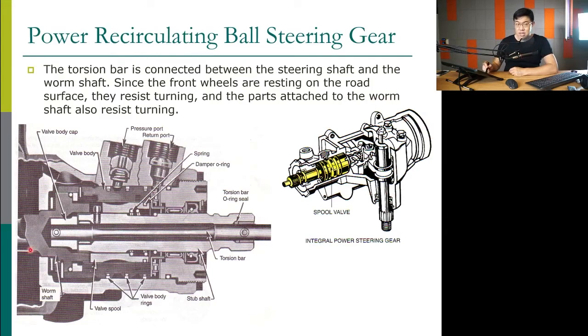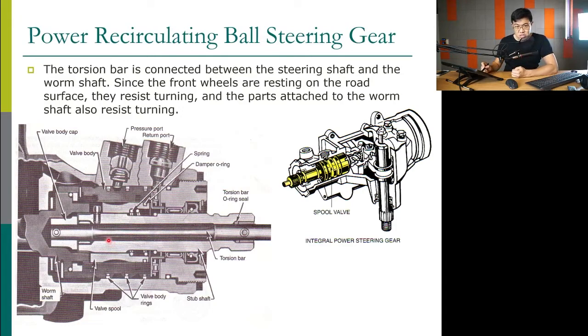This side is connected to the steering wheel, and this is the pitman arm. This connects to the pitman arm, and then to the center link, to the tie rod, and to the wheels. The car wheels.